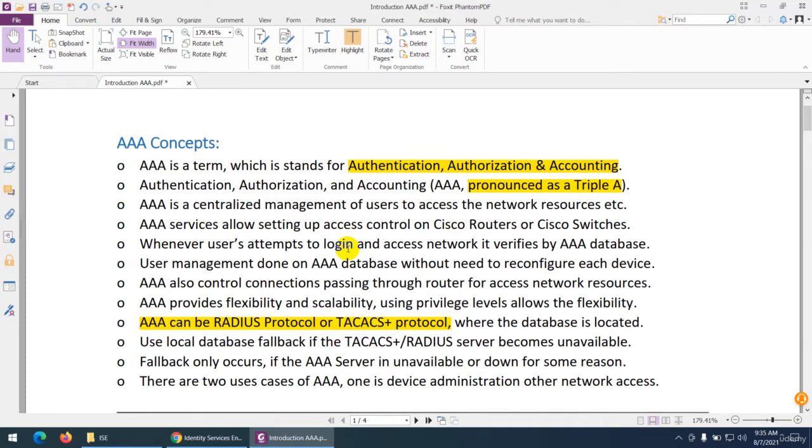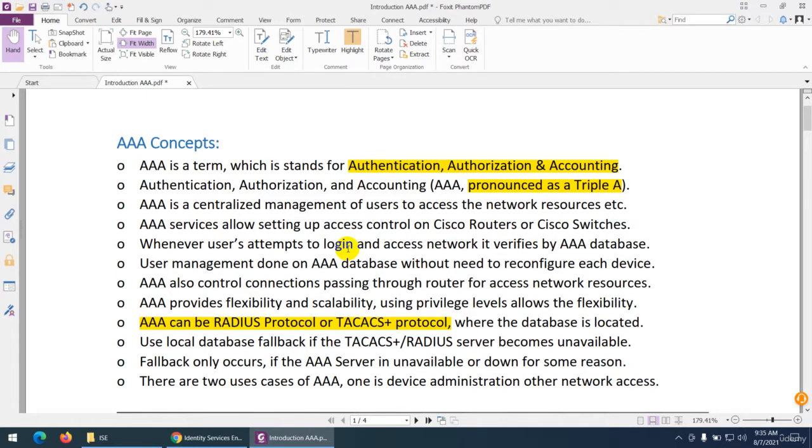But you can use AAA normally as a RADIUS protocol. So whenever a user tries to log in, maybe through 802.1X, maybe through MAB authentication, maybe web authentication, maybe AnyConnect authentication, whatever the procedure is, when the user tries to access the resources, they need to provide their username, their password, maybe any other credential.